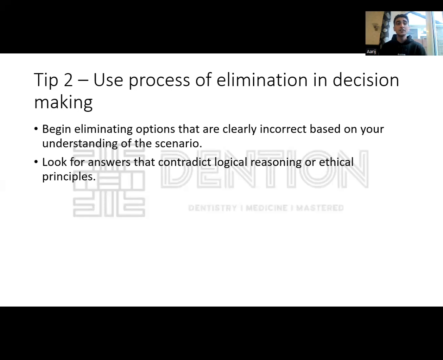So when you have a decision-making question, if you have a look at the answers and you find straight away that some answers seem absolutely ludicrous or they don't seem very correct, get rid of them completely. Then you can whittle it down that way, so you know which one you're looking to select.